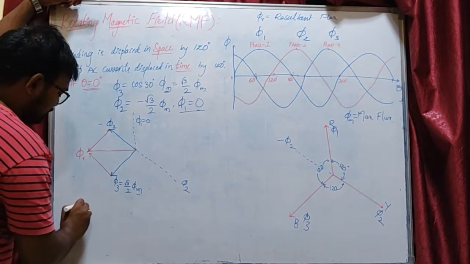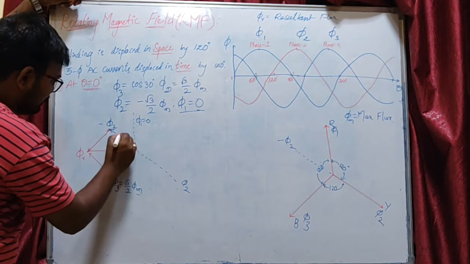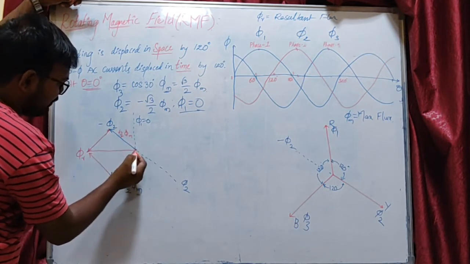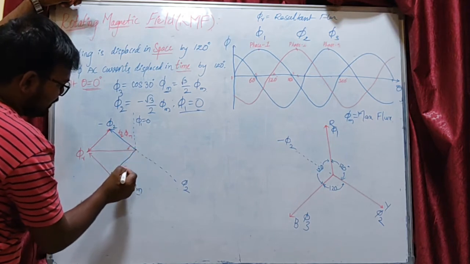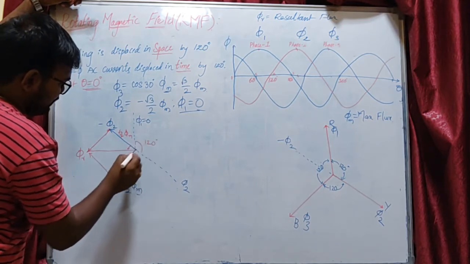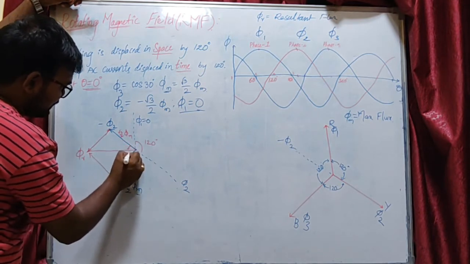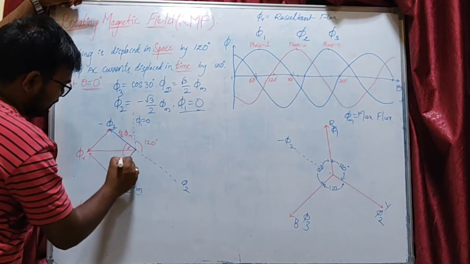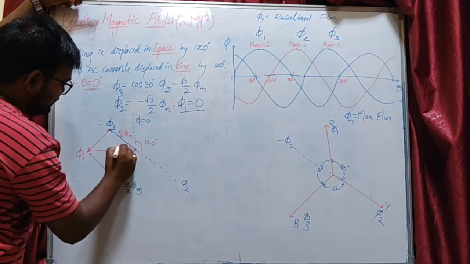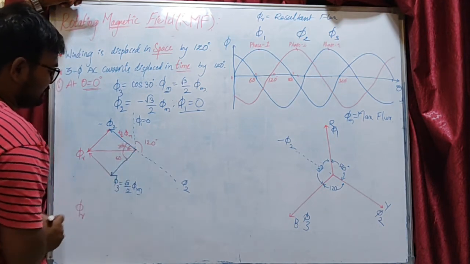I have this value and this value, root 3 by 2 pi m, and what will the angle between these two be? This is 120, and the angle between negative pi 2 and pi 3 will be 60 degrees. This angle will be 60 degrees, and this angle will be half of the 60, that is 30 degrees.